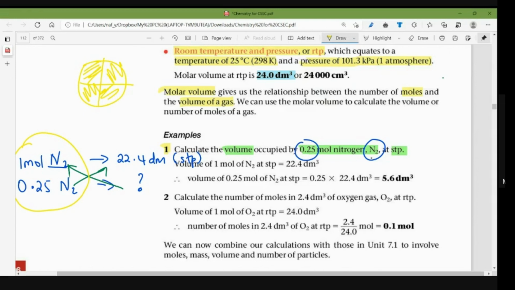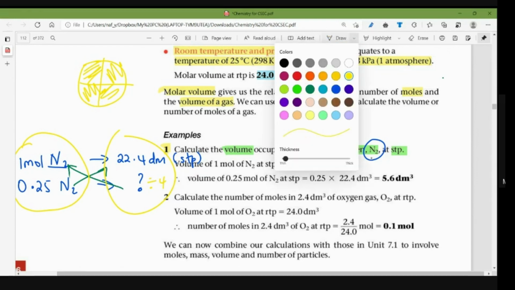I'm going to now divide this by 4. All right. So that's someone with very practical eyes. They will see that I only have a quarter of it. And so I just need to divide this number by 4. If you want, you can do the math way, but you need to look at the relationship between your numbers as well, ladies.